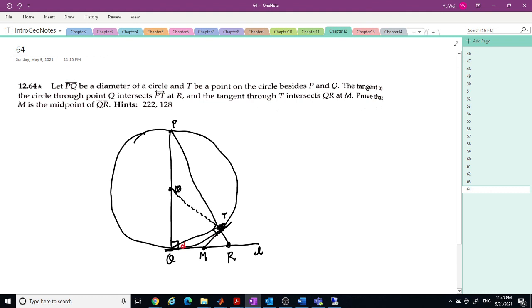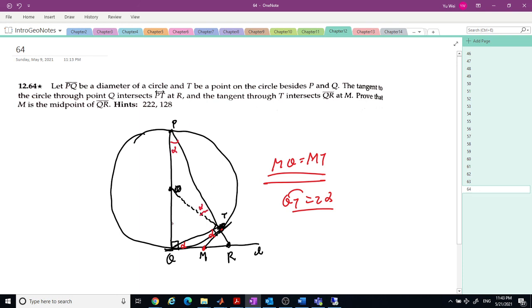Here is alpha, right? From M, the touching points to T and to Q, so MQ equals MT. And this one is also alpha. The arc QT is 2 alpha, and this angle is alpha, and this angle is alpha.